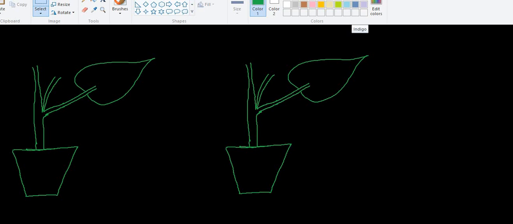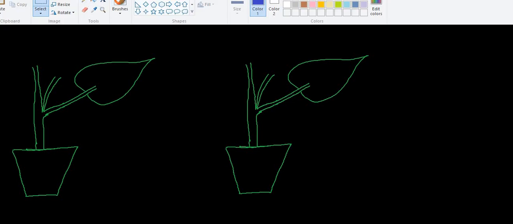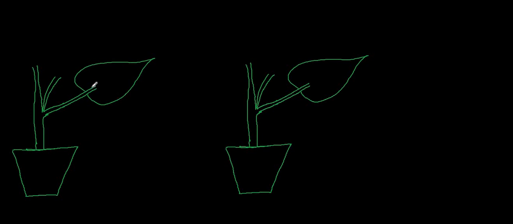Here I am placing a cobalt chloride paper on the upper surface, and the leaf is a dorsiventral leaf, a dicot leaf.